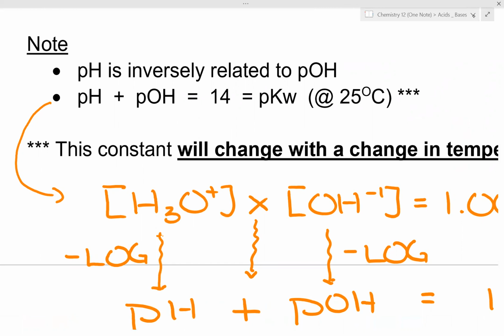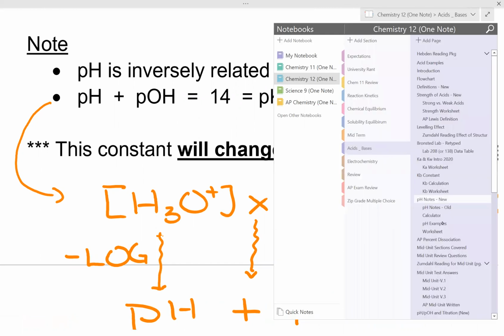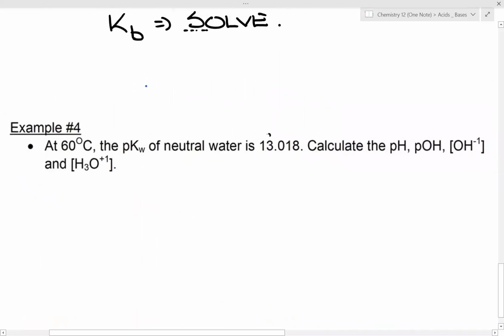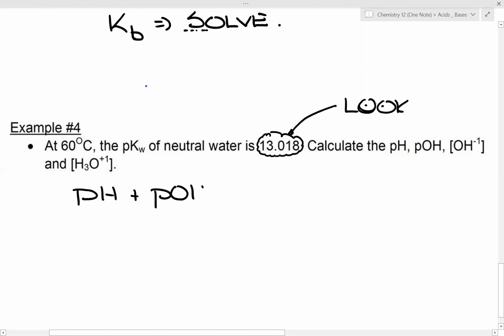Now, when we look at this particular question, the first thing is we focus that this is 13.018. That's my new relationship. So in this case, I would have pH plus pOH is equal to 13.018.